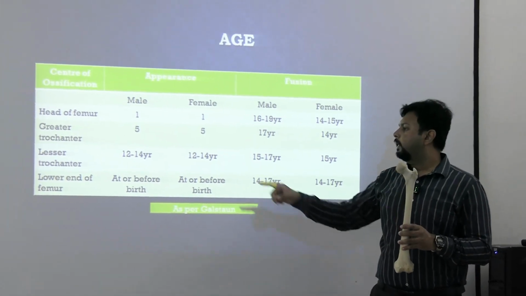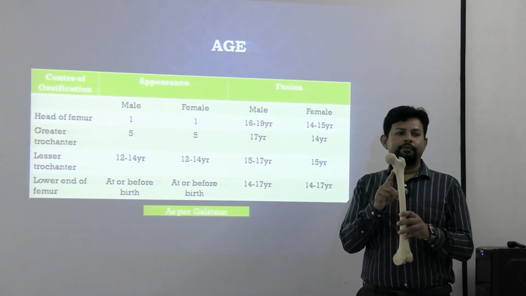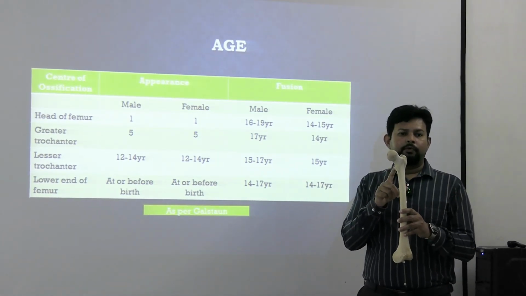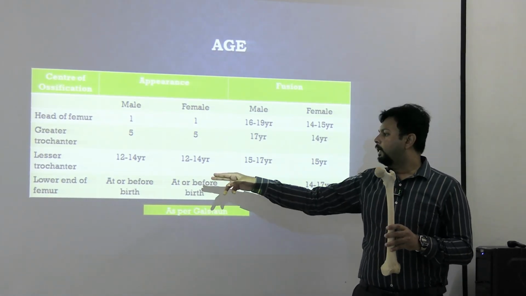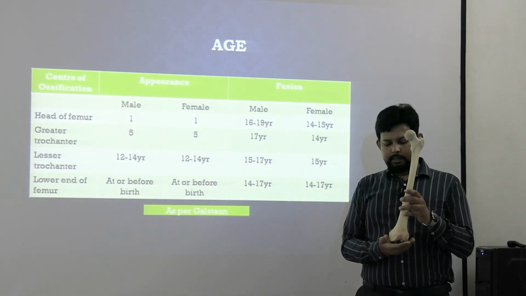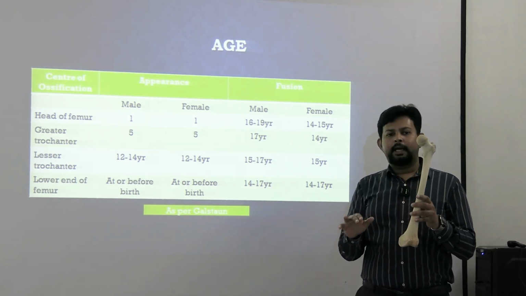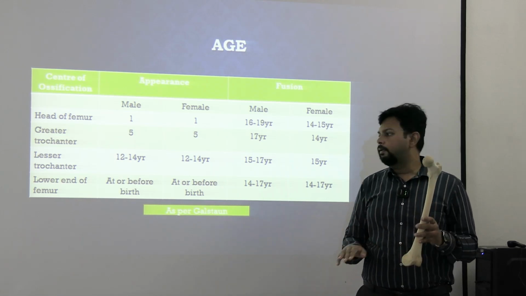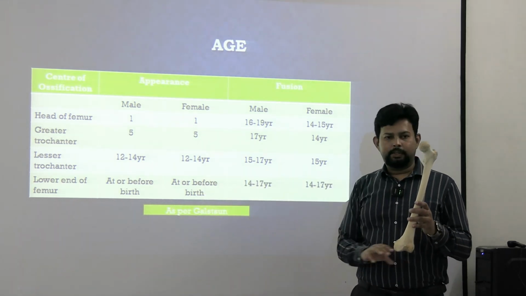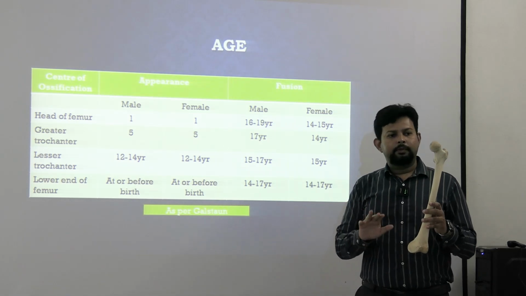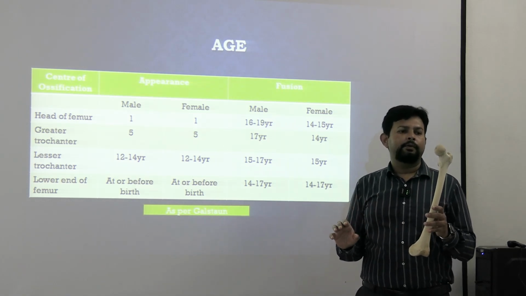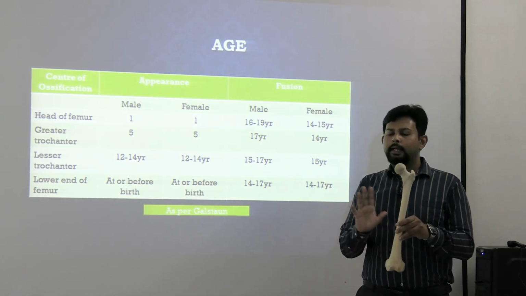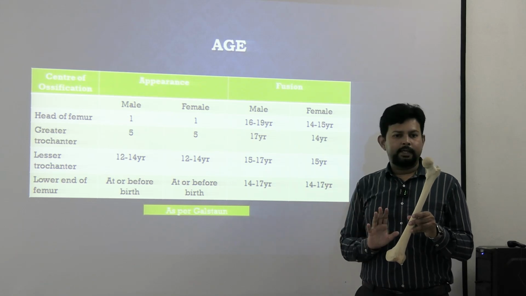Then comes the lesser trochanter, 12 to 14 years. And the lower end of femur appears almost at birth or before birth. Take birth as the baseline. Okay. Clear? Appearance is clear?